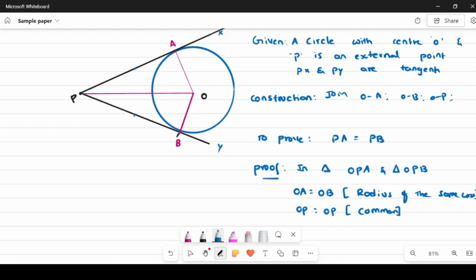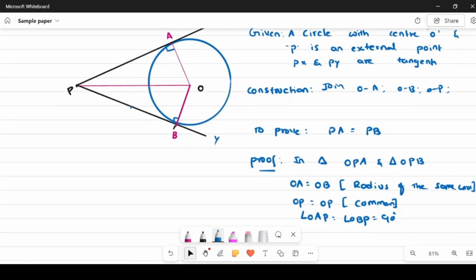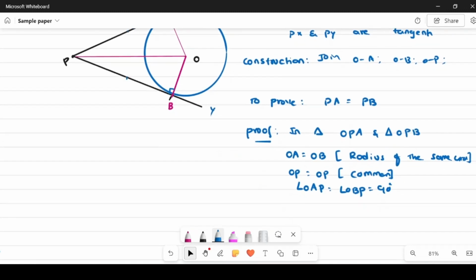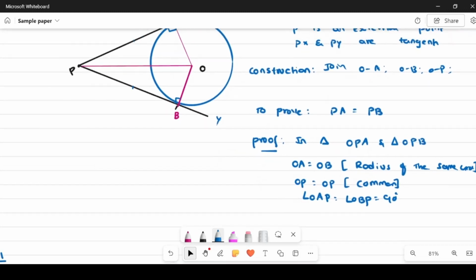Then what else do we have? We have the radius drawn through the point of contact. So this OA is perpendicular to PX, and then OB is perpendicular to PY. Right? So we have angle OAP is equal to angle OBP is equal to 90 degrees, since OA is perpendicular to PA and OB is perpendicular to PB. Now by which rule of congruency are they congruent?